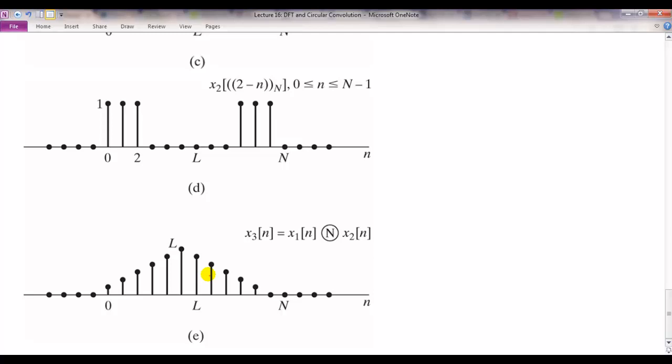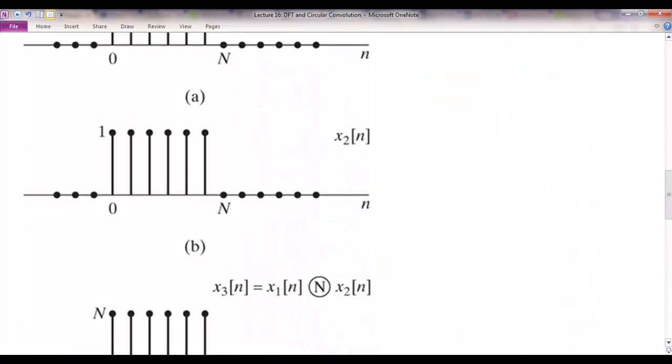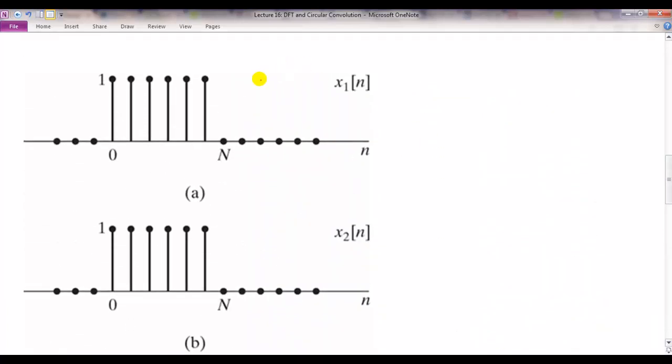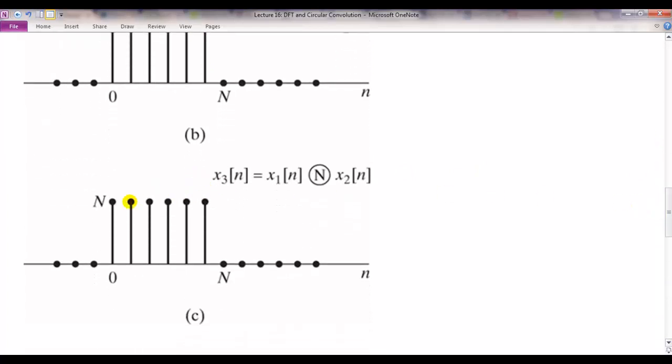which is the sequence that you would get if you were to do linear convolution. We'll come back to under what condition the circular convolution will be equal to the linear convolution. In these two examples, we have the same sequences. If I do circular convolution with N equal to the length, I get this.